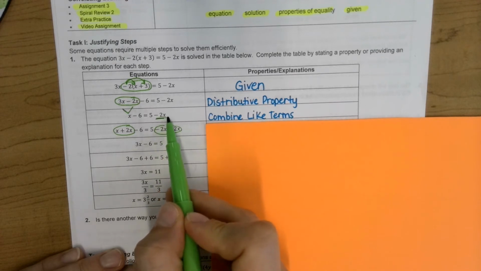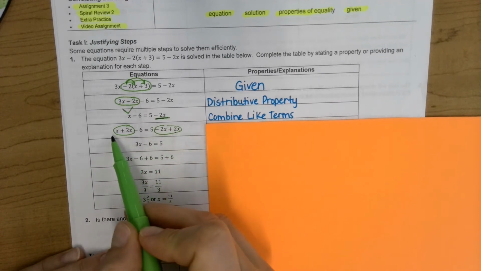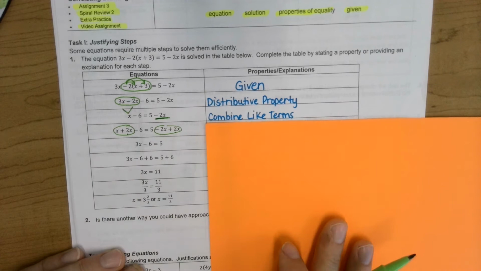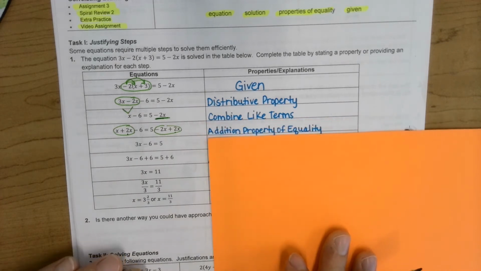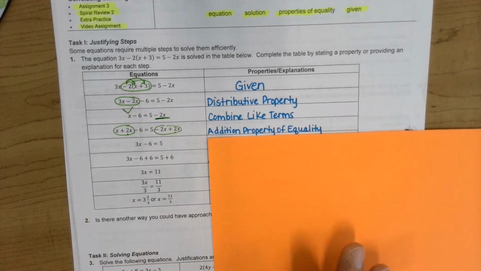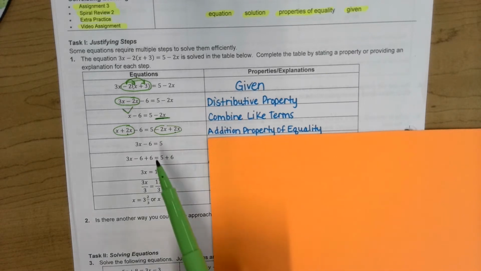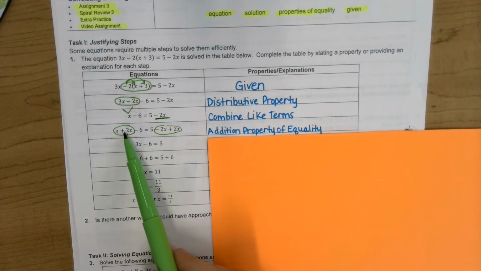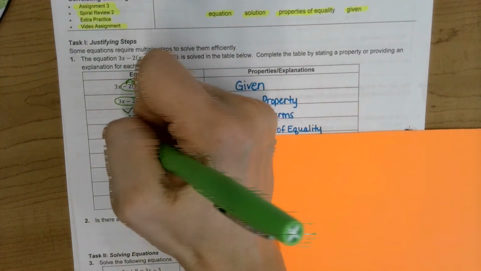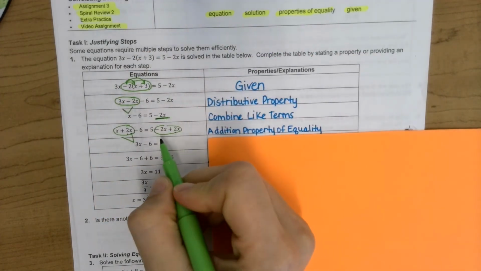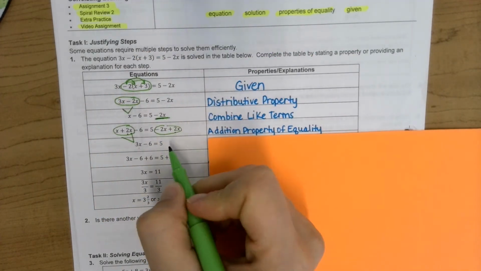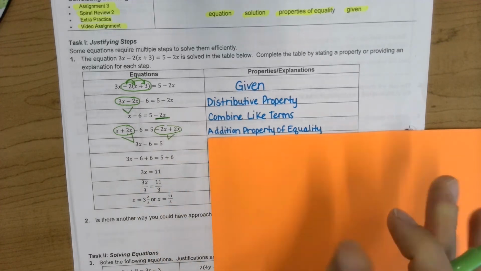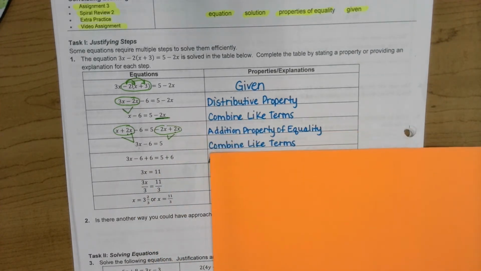So they're taking this negative 2x and adding it to both sides of the equal sign. That would be the addition property of equality. Then I see that they went from x plus 2x and got 3x. And then negative 2x plus 2x would be 0, so they didn't write anything here. So they combined like terms.